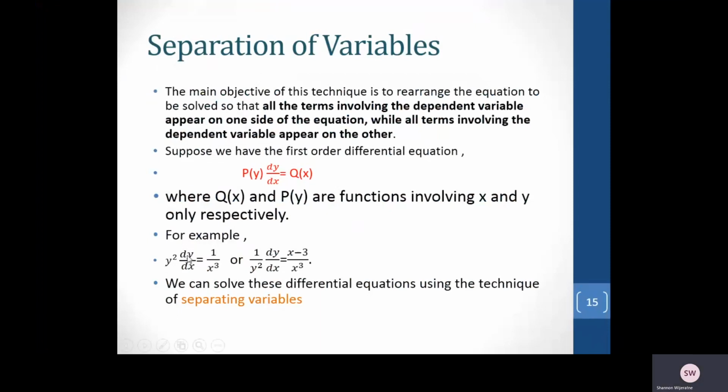For example, this is a separable differential equation, because we have y squared dy by dx equals 1 over x to the power 3. Y squared is a function of y, and this is a function of x. So this can be considered as qx and this can be considered as py.